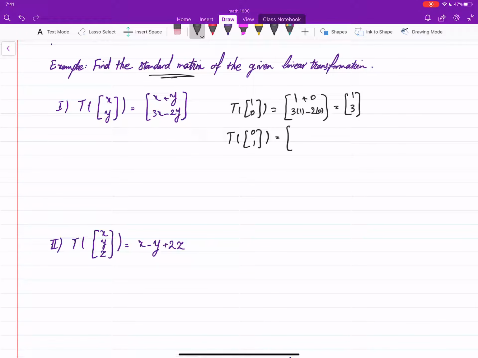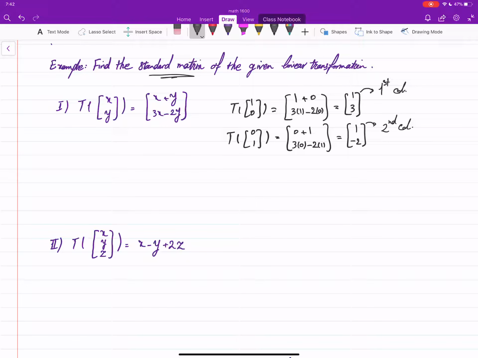T of 0, 1: x is 0, y is 1. So this is going to be 0 plus 1, 3 times 0 minus 2 times 1. And that is 1, negative 2. So we put this one in the first column, and this one in the second column. That is the matrix.